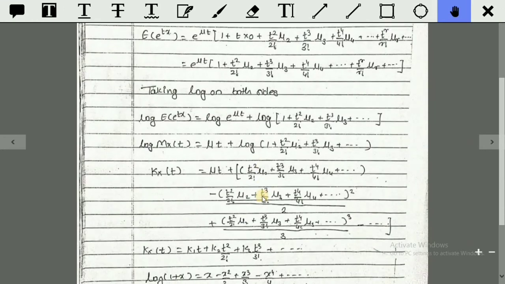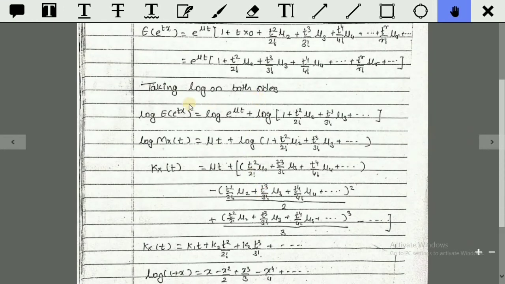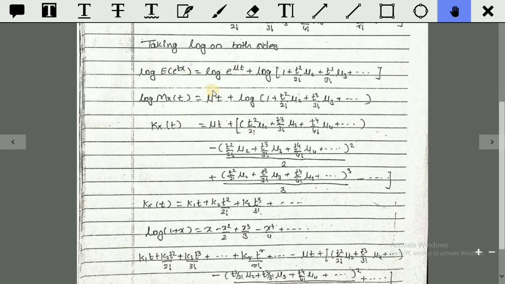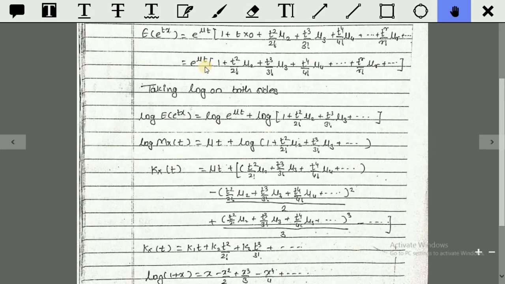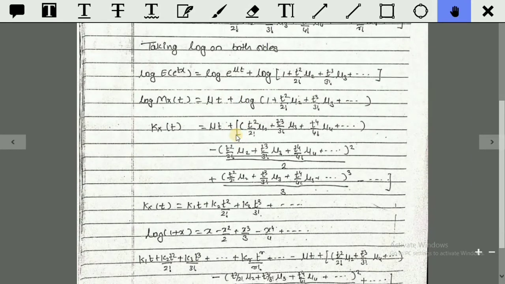Here we are taking log on both the sides, so it becomes log of expectation of e raised to tX equal to log of e raised to mu t plus log of the bracket term. Here we have multiplication, so the log becomes additive. So mu t plus log of this term.